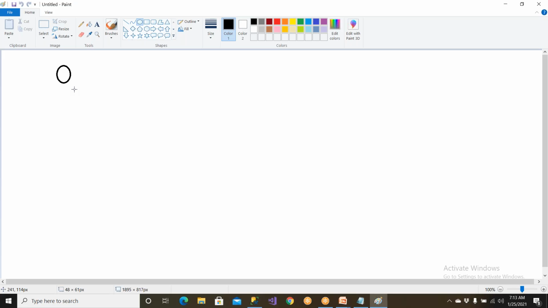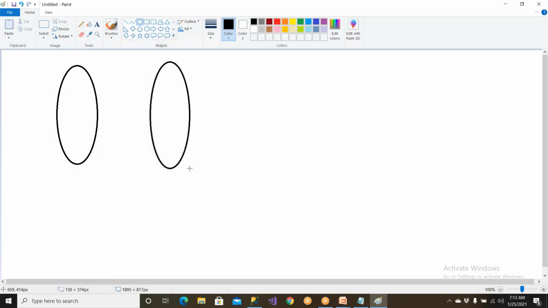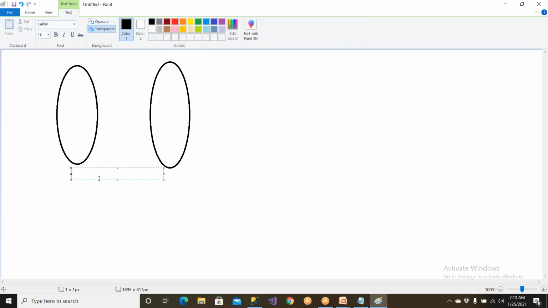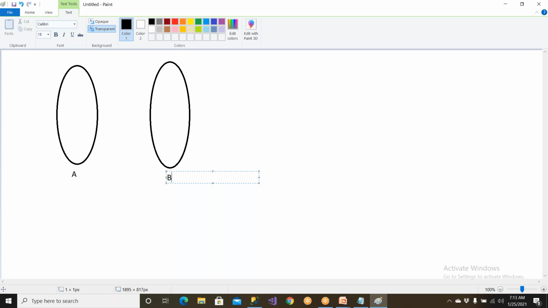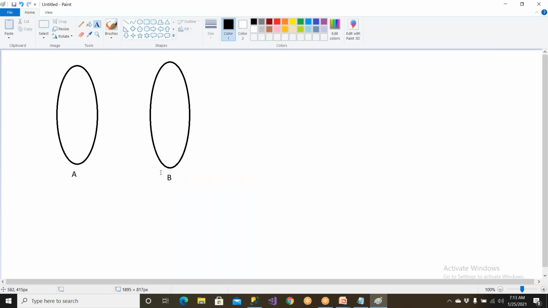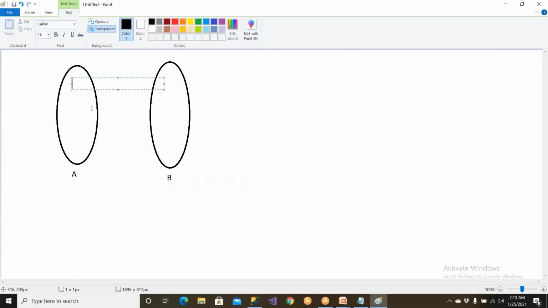I have a table A. Joins are created with the help of set theory. I have a table A, I have a table B, or in mathematics, we'll say we have a set A, we have a set B. Clear? I have 1, 2, 3, 4, 5, and here I have 1, 2, 3, 3, 6 and 7.